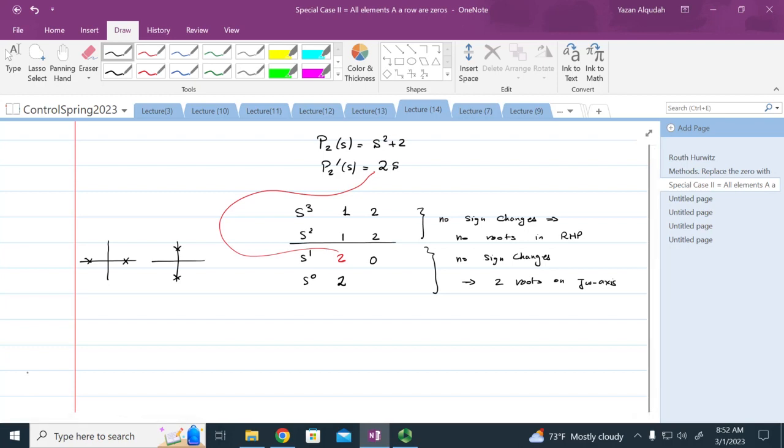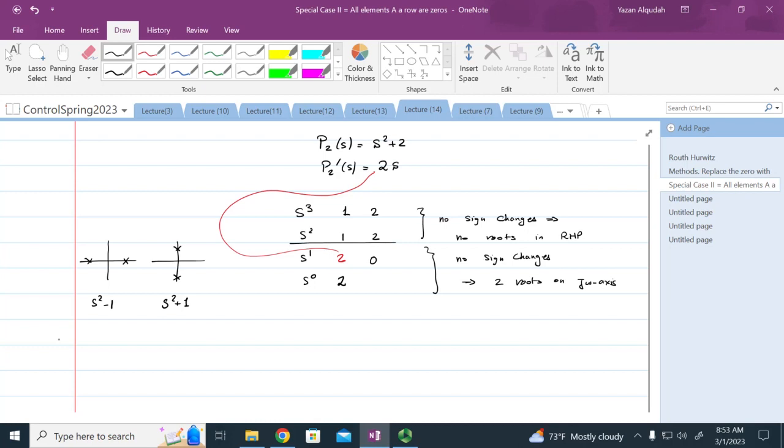If I have a second order even polynomial like this, I have 2 options. Either it is s squared plus 1, or s squared minus 1. If it is s squared minus 1, I'm going to have a root on the left and a root on the right. s squared plus 1, 2 roots on the j omega axis. Make sense? So for this auxiliary polynomial, there are no sign changes, which tells me this is not the case. There are no roots on the right half plane. Where are the roots going to be? On the j omega axis. Does that make sense?